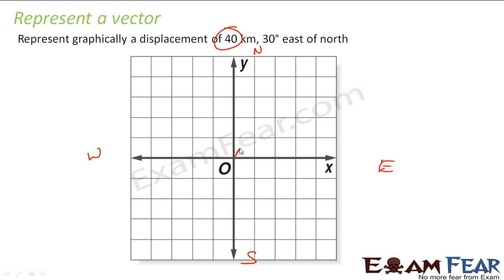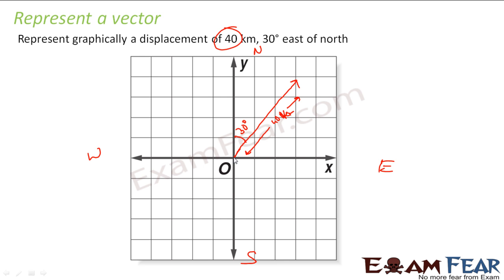Suppose you get this line. So this is 30 degrees east of north. I got the direction. Magnitude: suppose this is 40 km. So this is my vector, 40 km and 30 degrees east of north. It has a magnitude and a direction, and that's how I represent this.